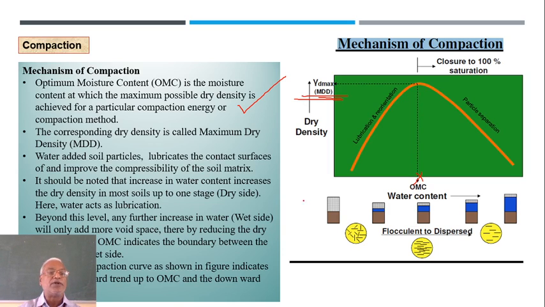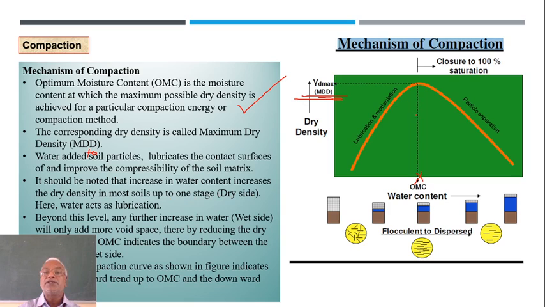The water added to the soil particles in the beginning lubricates the contact surface and improves the compressibility of the soil matrix. That is in the beginning. It should be noted that an increase in water content increases the dry density in most soils up to one stage, that is the dry side.